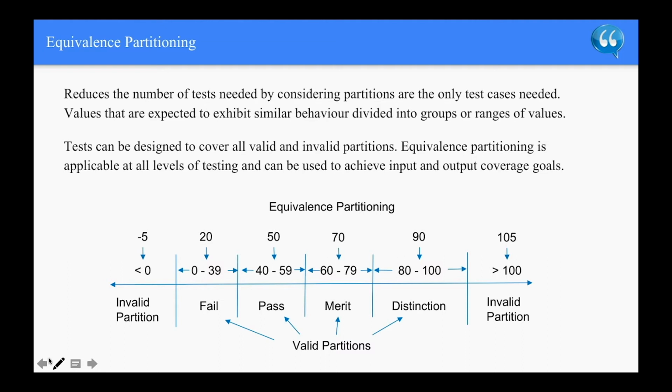So tests can be designed to cover all valid and invalid partitions. Equivalence partitioning is applicable to all levels of testing and can be used to achieve input and output coverage goals.